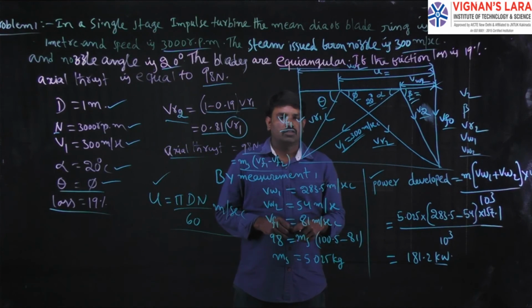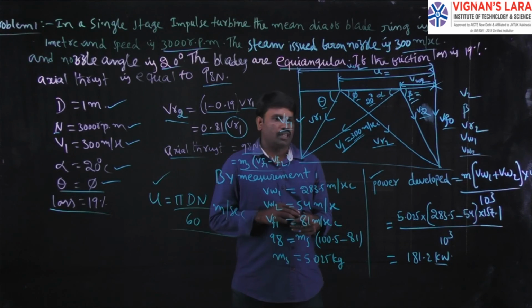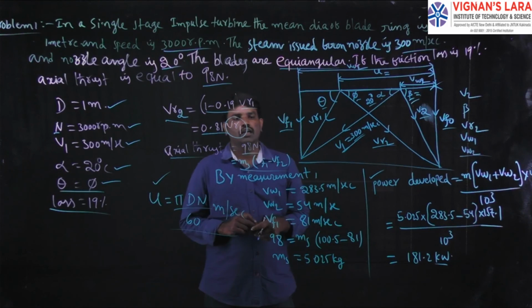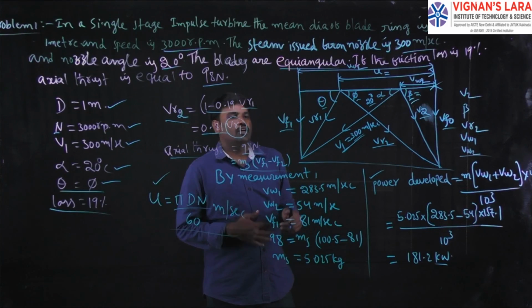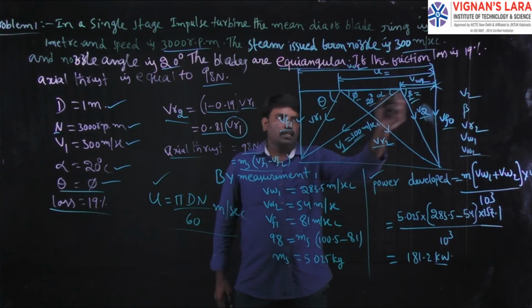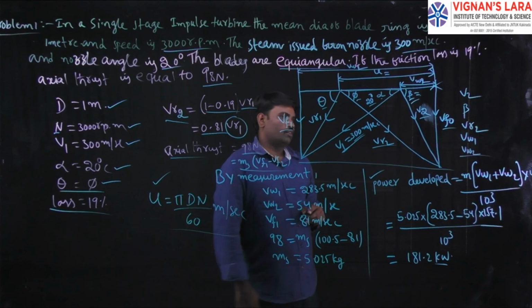Taking a suitable scale means, for example, if you consider 300 meter per second velocity equal to 5 centimeters, then a 5 centimeter line will give the 300 meter per second velocity. Like that you have to take the scale and complete the drawing of the combined velocity triangle.